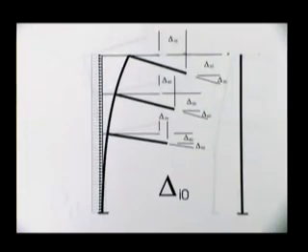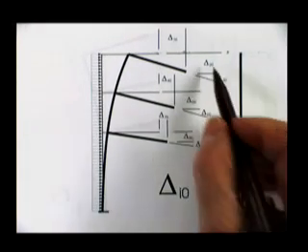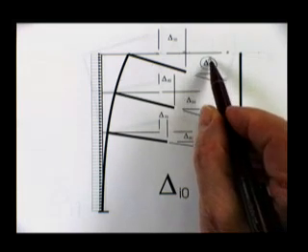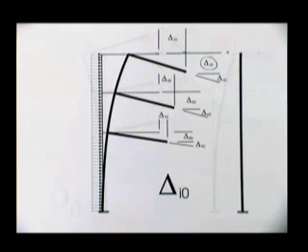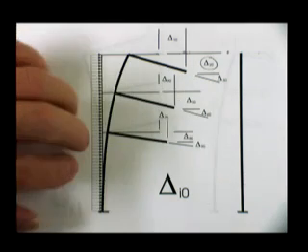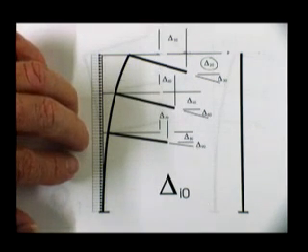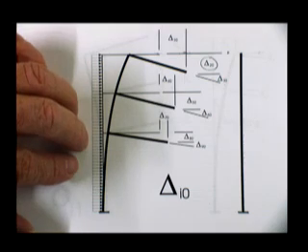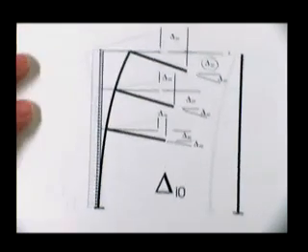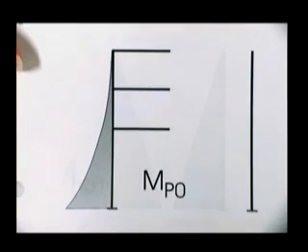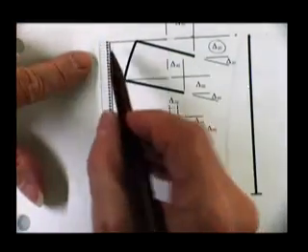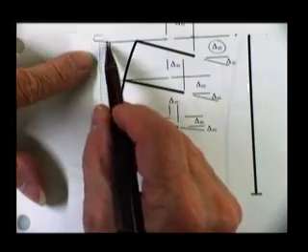Now then, along with being able to find these numbers, you're going to have to draw me a moment diagram on the primary structure so that I can combine his moment diagram with some moment diagrams to some unit loads. Here's his moment diagram. His moment diagram is 0 right here.